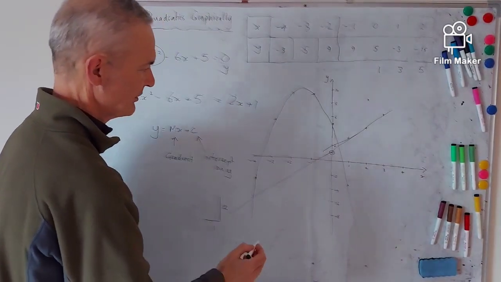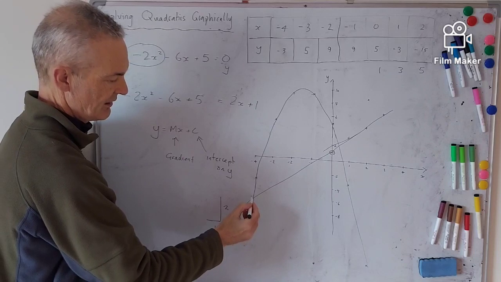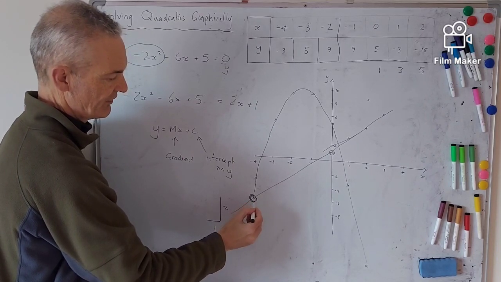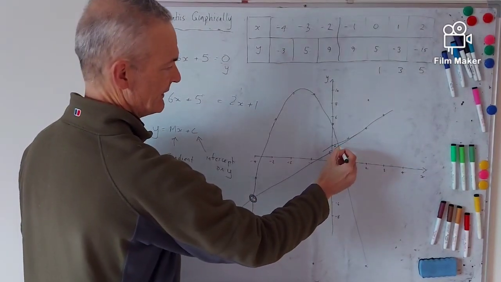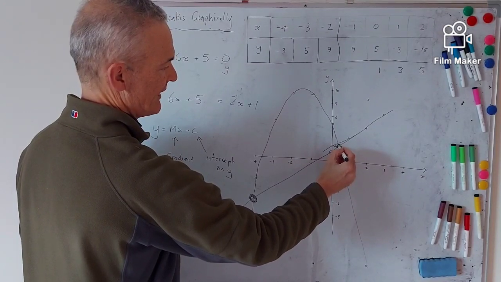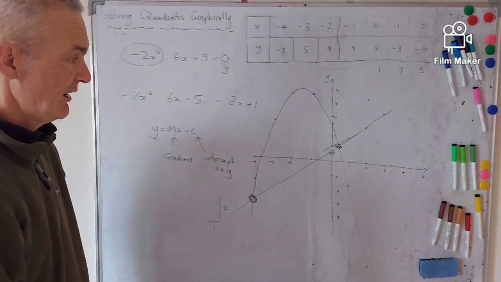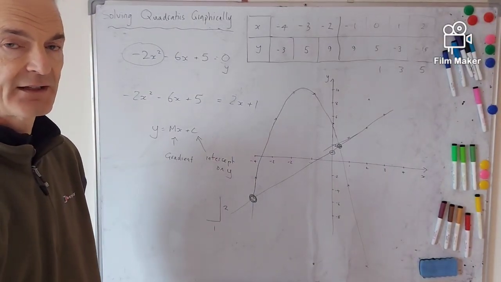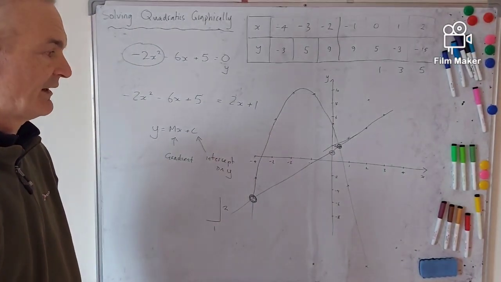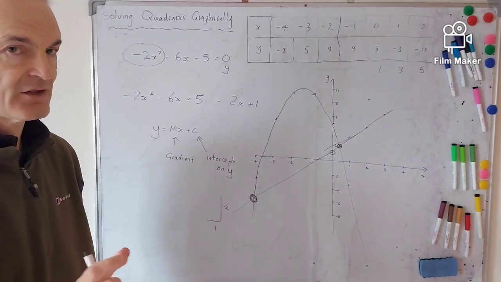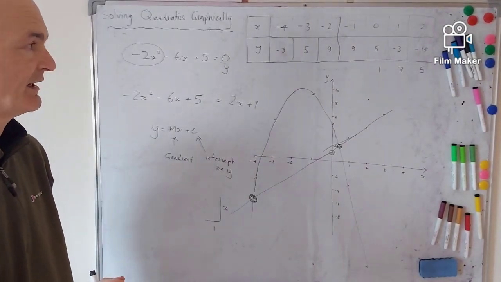Okay, so your solution is going to be where it crosses here and where it crosses just there. And then you can read those off the graph. And again, if you draw it accurately, you'll be okay with getting the marks. There'll be a range of values, and hopefully you'll be within that range.